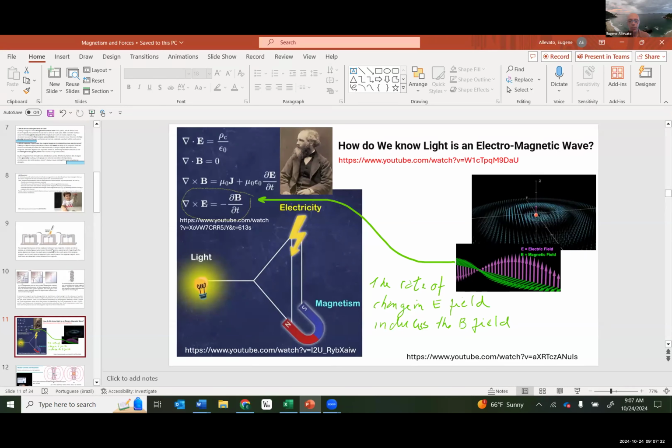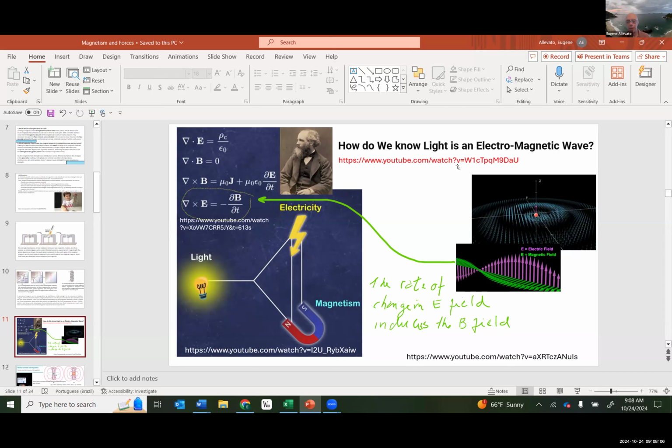So you see here the vector product of the delta and the electric field is going to result in a perpendicular vector, right? That is the variation related to the variation of the magnetic field. And this is described here, but you can visualize it also.